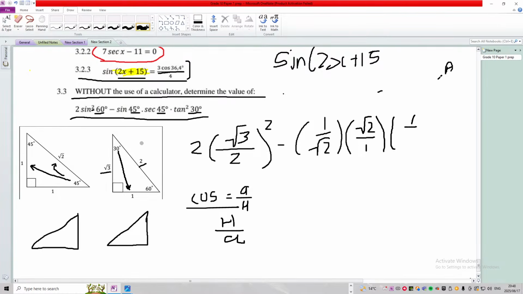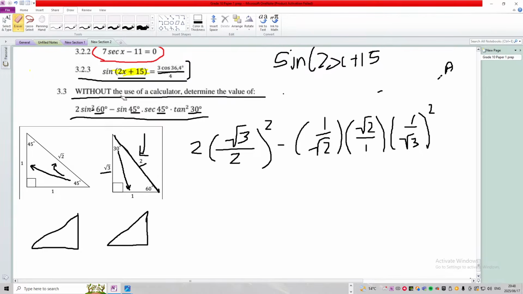Do not say that 2 is adjacent to 30 because 2 is the hypotenuse. 2 will always be the hypotenuse. Forever the hypotenuse. This line opposite the 90 degrees, the slanted line, is always the hypotenuse. It will never be adjacent. So adjacent of 30 is square root of 3. Don't forget that it says to square that over there.